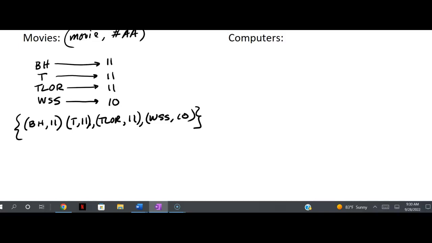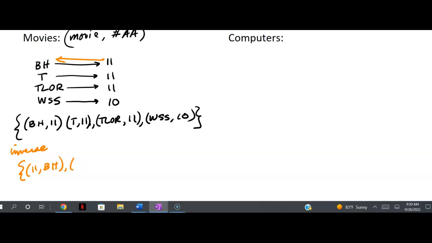The inverse is when we're going to go the other way. We're going to map the number of Academy Awards to the movie. So the inverse of this relation would look like this. 11, Ben-Hur. 11, Titanic. Oops, I'm sorry, I got to go the other way.